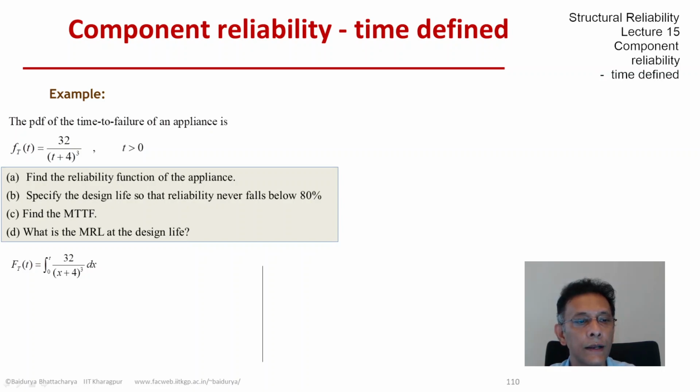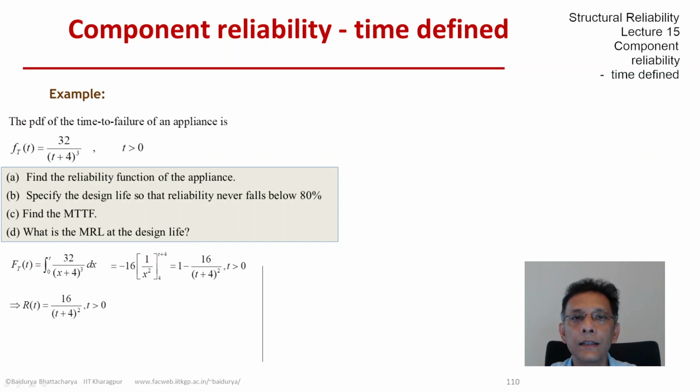So x is the dummy variable, and we integrate that, and we obtain the answer as 1 minus 16 over (t plus 4) whole squared, for all non-negative values of t. So that is the CDF of the time to failure, and we know that the reliability function is 1 minus the CDF. So the reliability function is 16 over (t plus 4) whole squared, as you see on the screen.